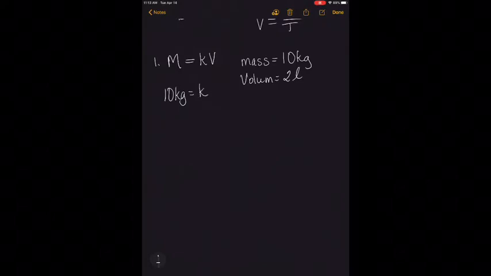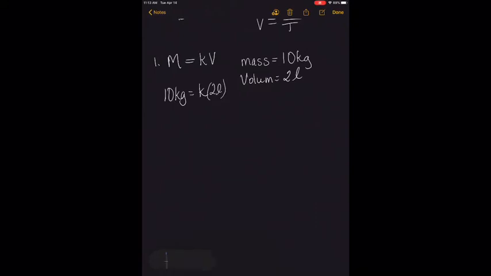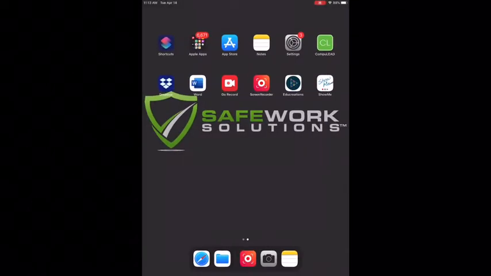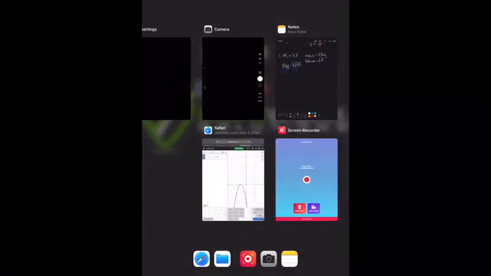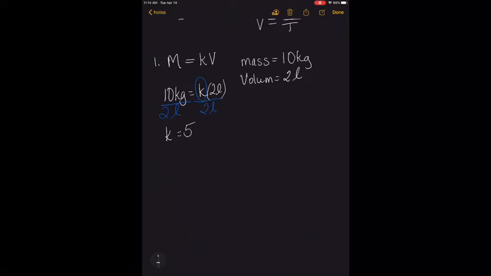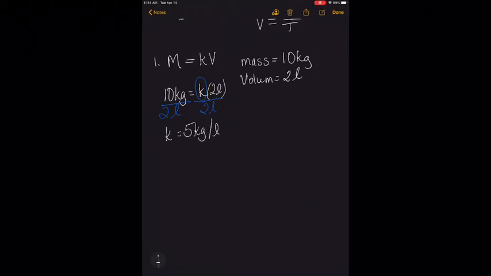So 10 kilos equals K times 2 liters. In order to find K, because that's our goal, we've got to divide both sides by 2 liters. That gives K as 5 kilos per liter. That's our units for our K.